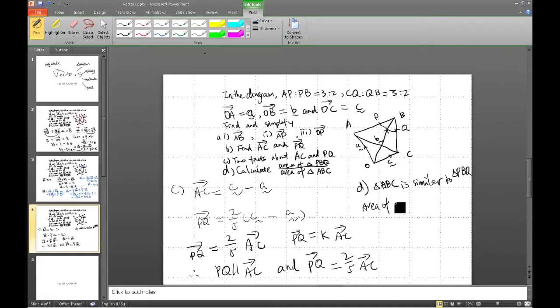If they are similar, we can use the similar triangles property. We have the length ratio, therefore the area ratio is easy, right? The length ratio is actually 2 to 5. Therefore, our area ratio is 2 to 5 in brackets squared. Therefore, the area ratio is 4 to 25.